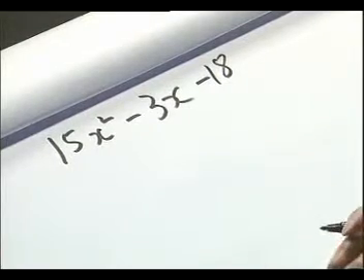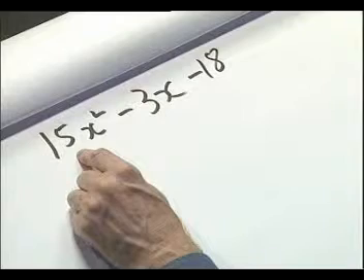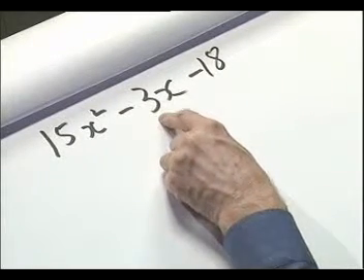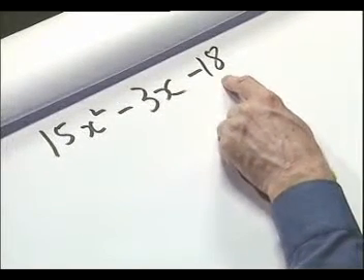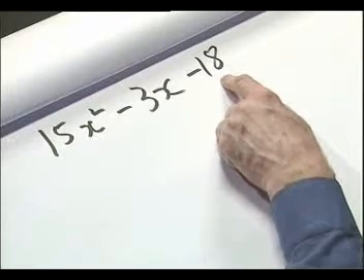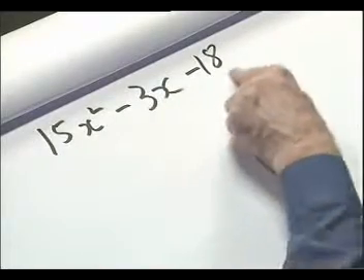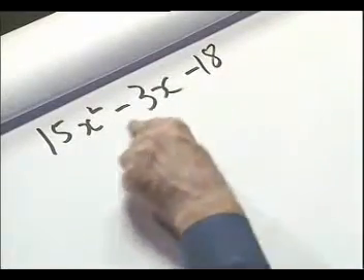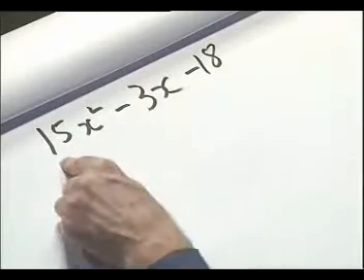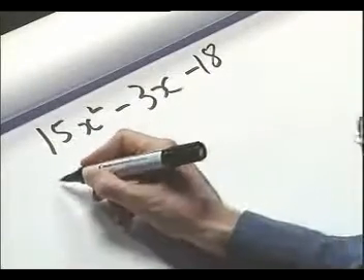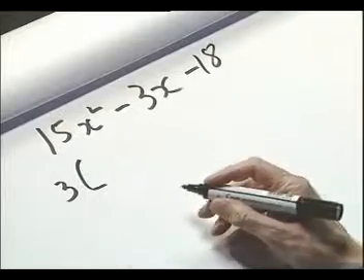Now in all the others, the thing that we haven't checked at the beginning, and perhaps we should have done, is whether the coefficients, the numbers that multiply the x squared, the x and the constant term, share a common factor. And in this case they do. There's a common factor of 3. And where there is a common factor, we need to take it out to begin with. So we'll take the 3 out.